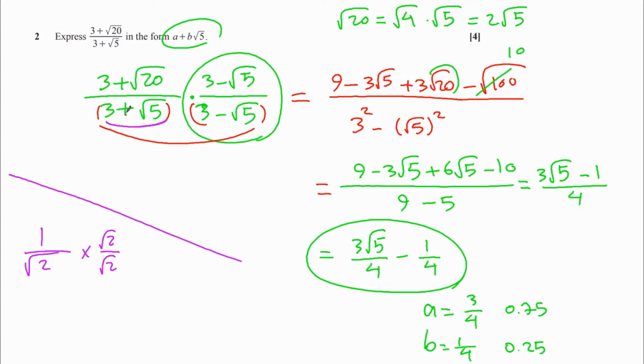So if this is plus, that has to be minus; if that was minus, this has to be plus. The difference of 2 squares: a minus b times a plus b is equal to a squared minus b squared.